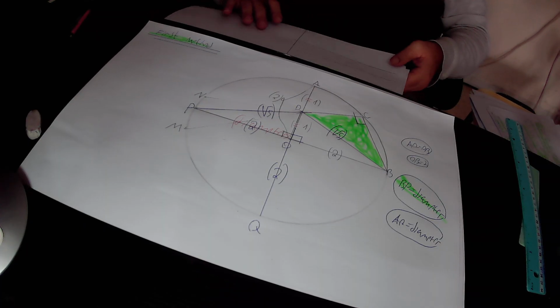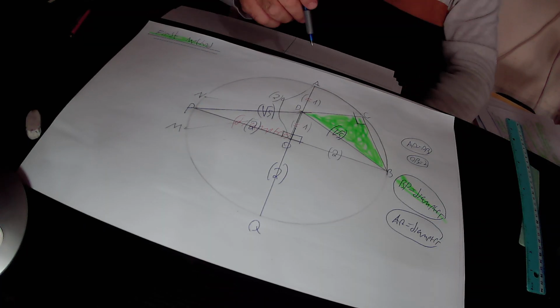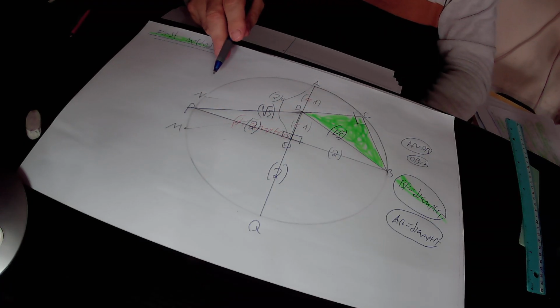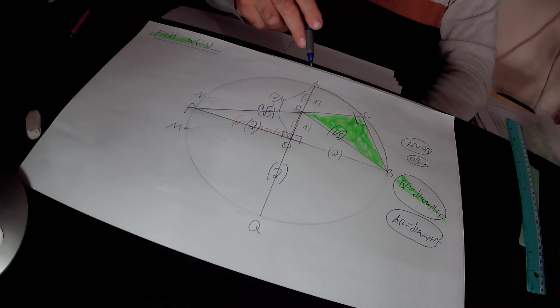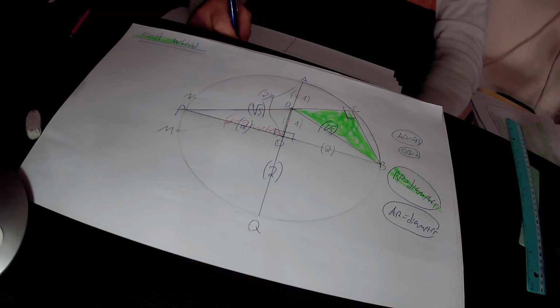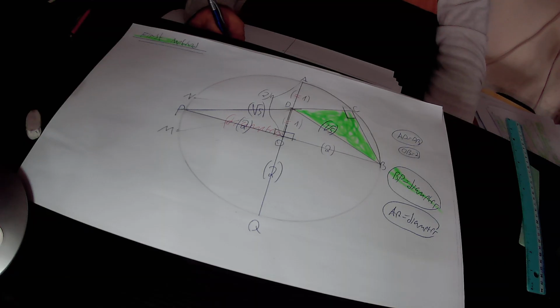According to the theorem, the following equation is true: AD times DQ equals CD times DP.